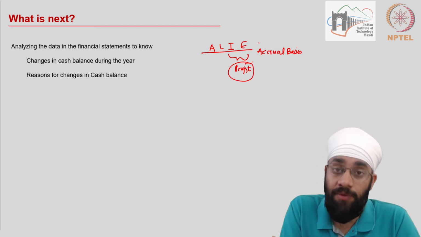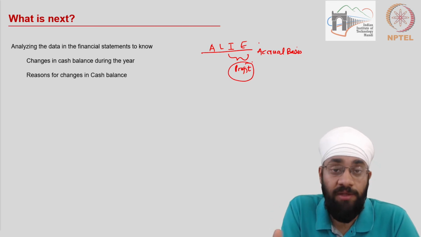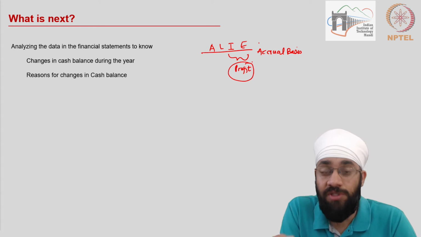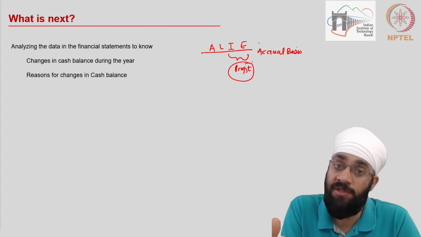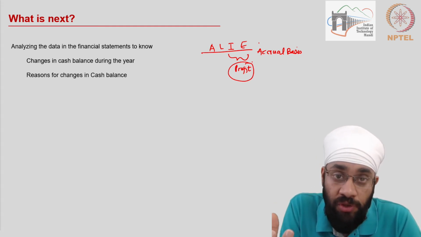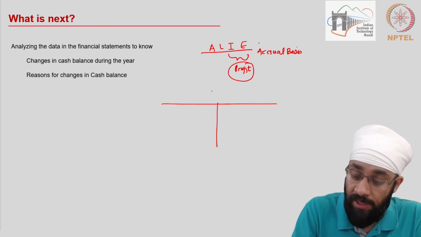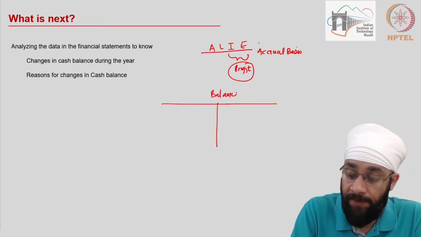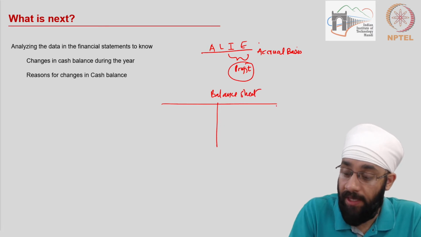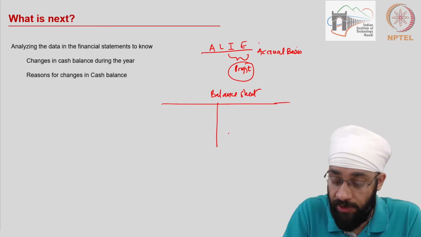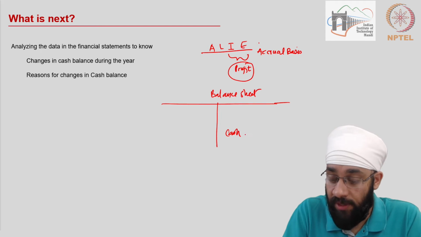So the idea now is to look at what are the various transactions which affect the cash of the business. How does the cash position of the business change? So we begin with, let's say, a balance sheet of a company, and in the balance sheet you have data for the last 2 years, and you have cash and bank balance.